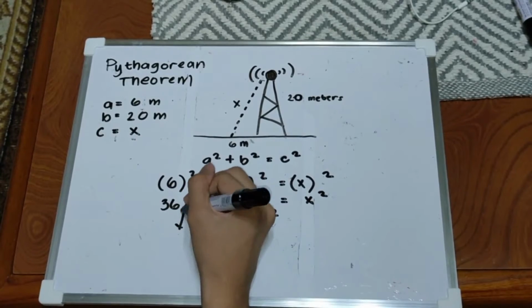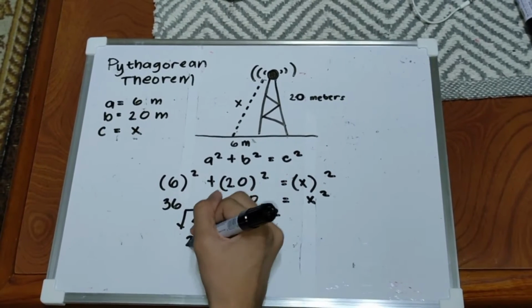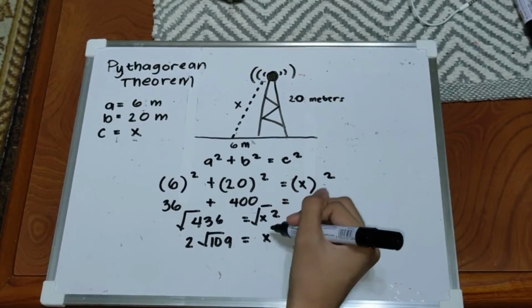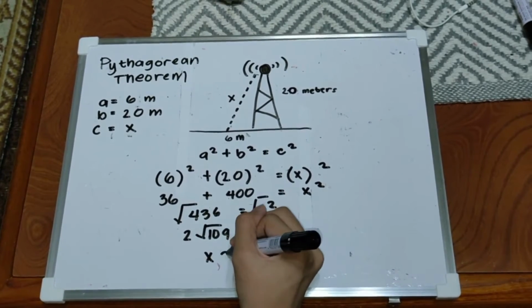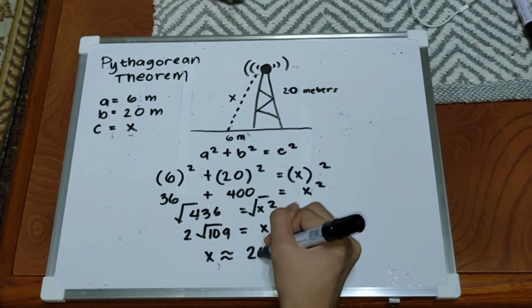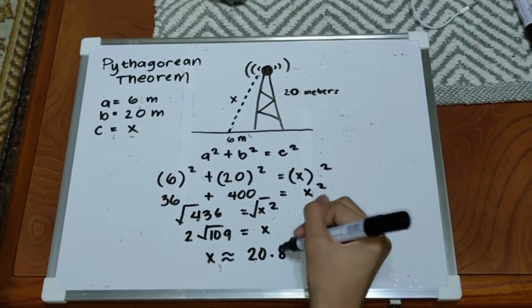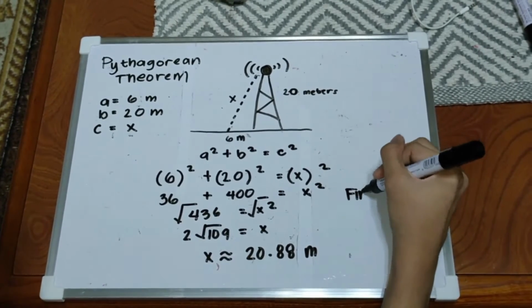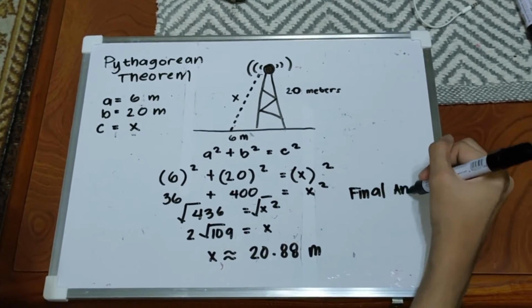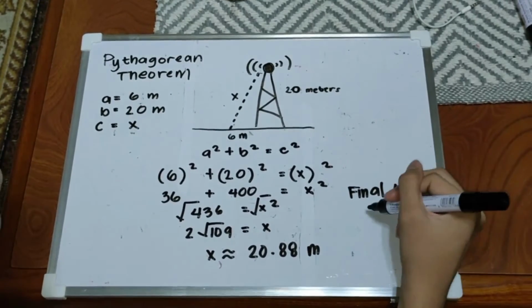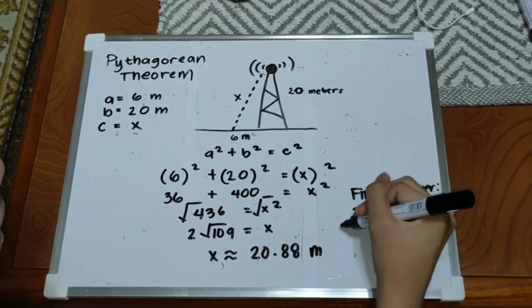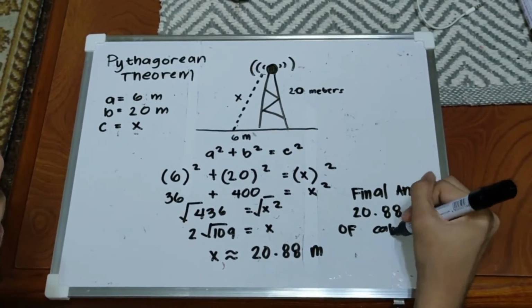Then find the positive roots of both sides and you will get 2 square root of 109 equals x. Since we are dealing with measurements, we find the decimal form of 2 square root of 109, which is approximately 20.88 meters. Therefore, the final answer of the given problem is 20.88 meters of cable are needed.